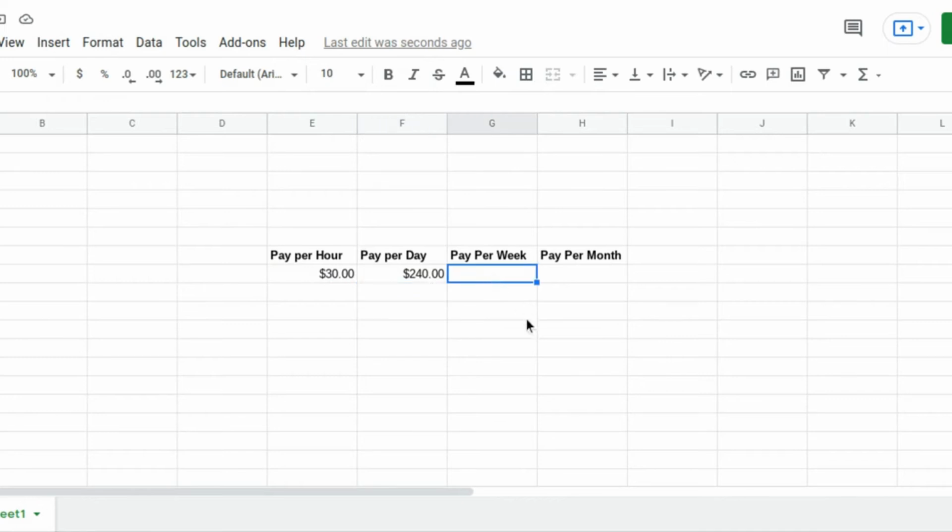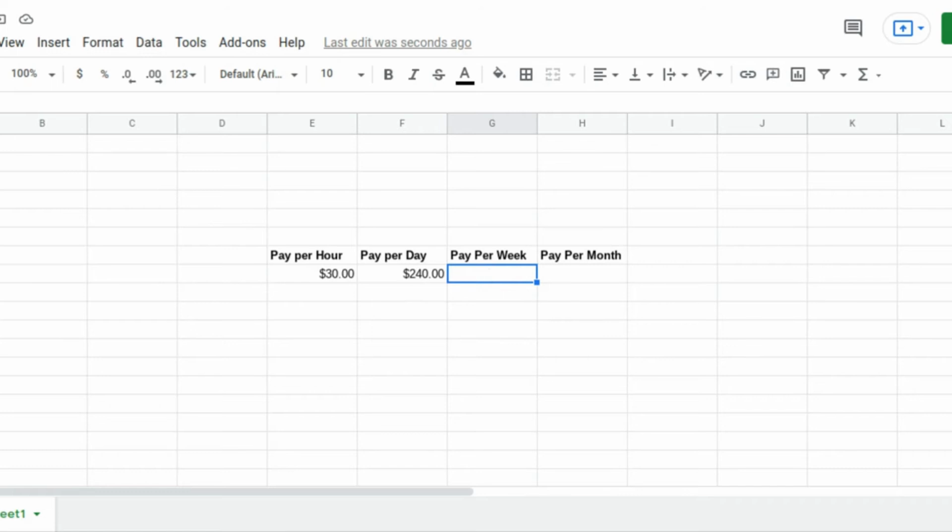Well, we click on that cell. You notice it carried over the currency as well. Since we were using that formula for this, we're multiplying the 8 times $30, which is $240. Okay, let's go now to per week. That would, of course, be times 7.